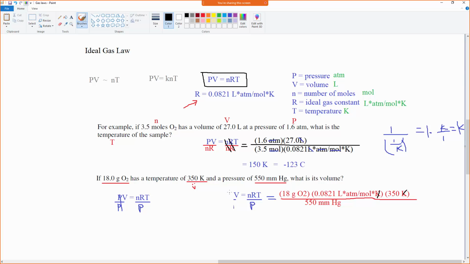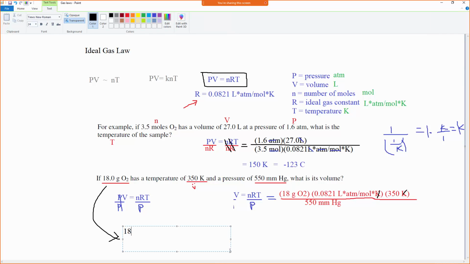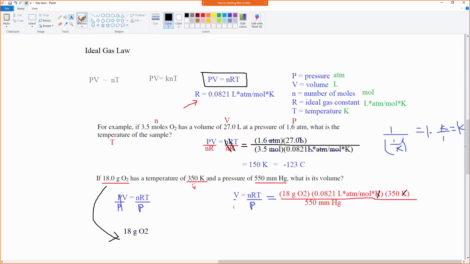Okay. Sarah has already calculated the moles of oxygen. How did you do that, Sarah? Just to remind us, this is from chapter 6. You all need to remember how to do this. 18 grams of oxygen. We just looked at the molar mass on the periodic table, which, because oxygen has 2 oxygen atoms, is 2 times the mass which is listed, which is 16.